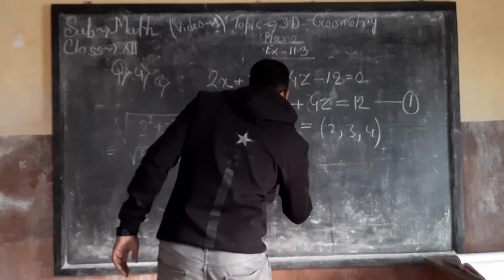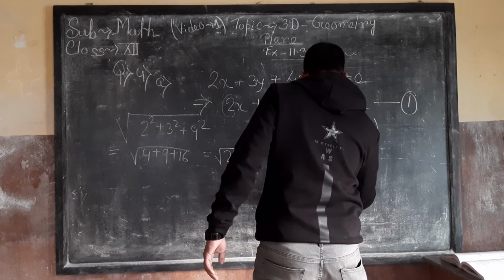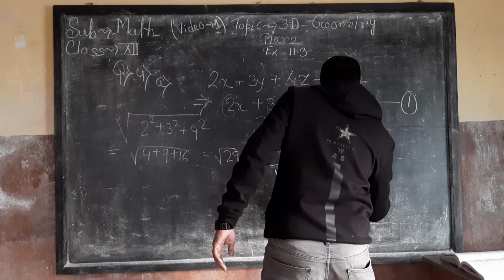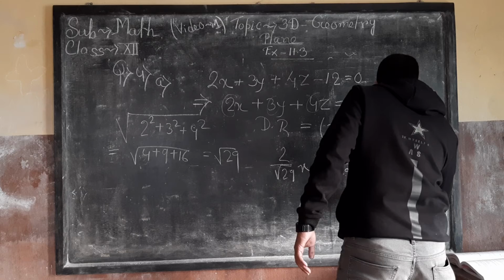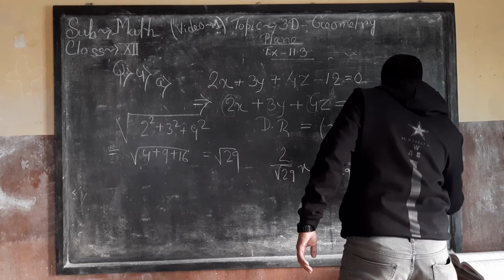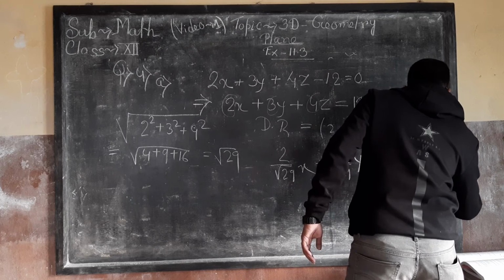So 2 by root 29 x plus 3 by root 29 y plus 4 by root 29 z is equal to 12 by root 29.